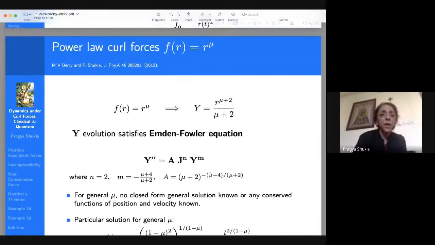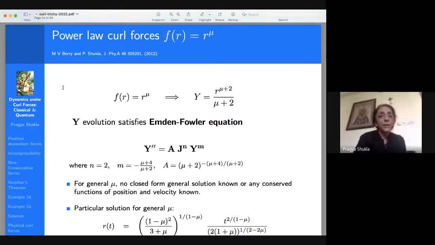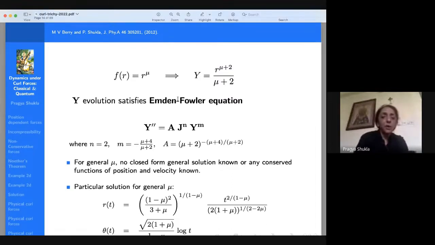But we have studied the dynamics for specific mu's: mu equal to 1, mu equal to -1, mu equal to half integers, mu equal to fractional powers. This is discussed in a paper of 2012 with Professor Berry.